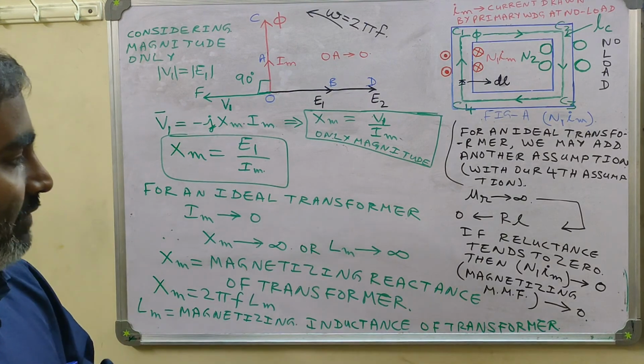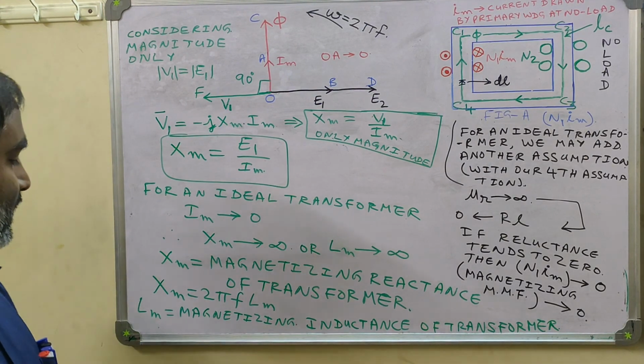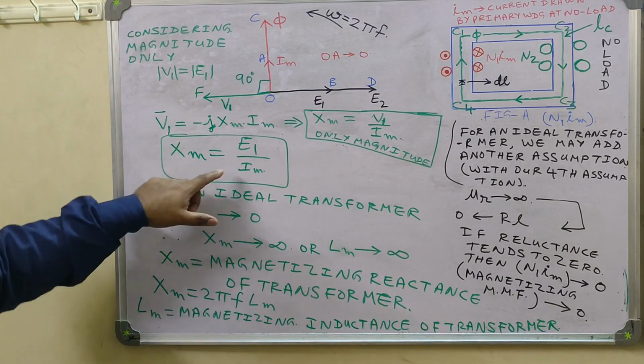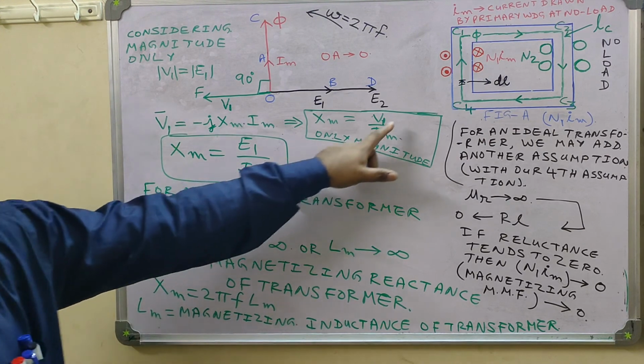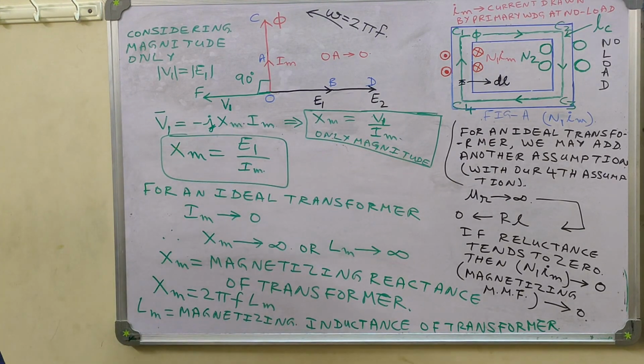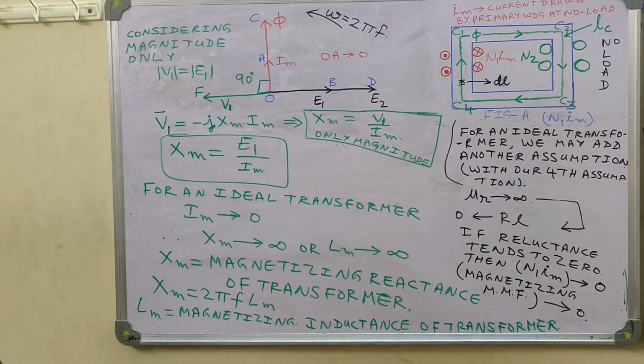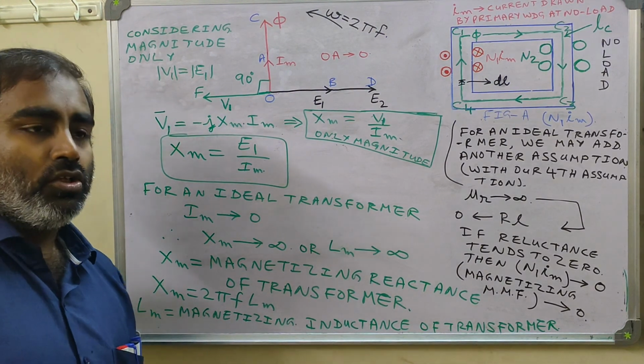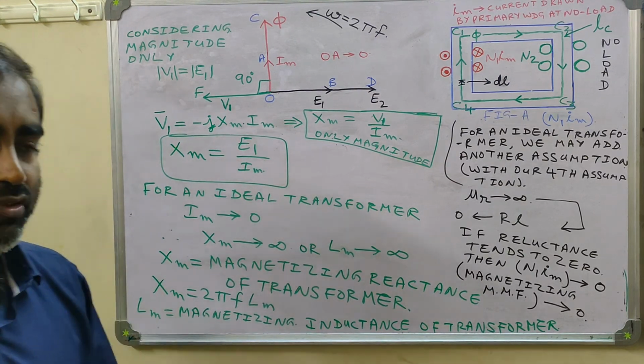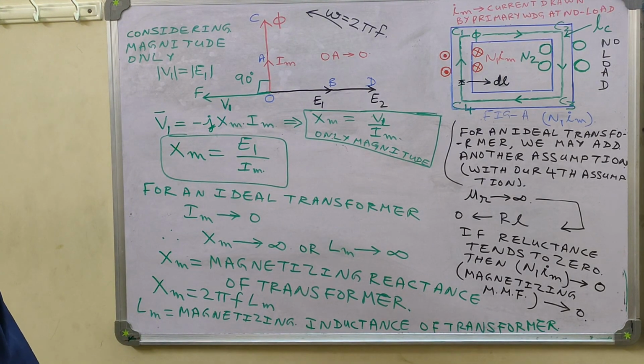If transformer B has a smaller value of magnetizing inductance, then it will require a higher magnetizing current for the same applied voltage. We are assuming that the voltage rating on the primary side for both transformers A and B is the same.